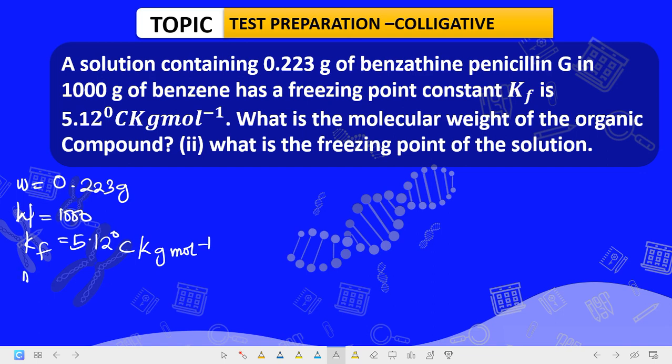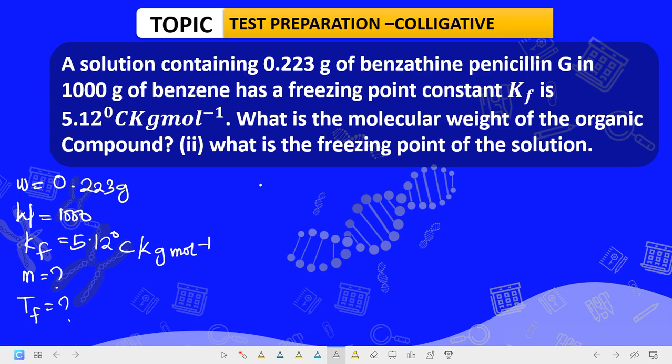Now the organic compound, the molecular weight is unknown. What is the freezing point of the solution? The freezing point is also unknown. So we can say the freezing temperature Tf is unknown. So how do we solve a problem like this? We are asked to calculate for the molecular weight.